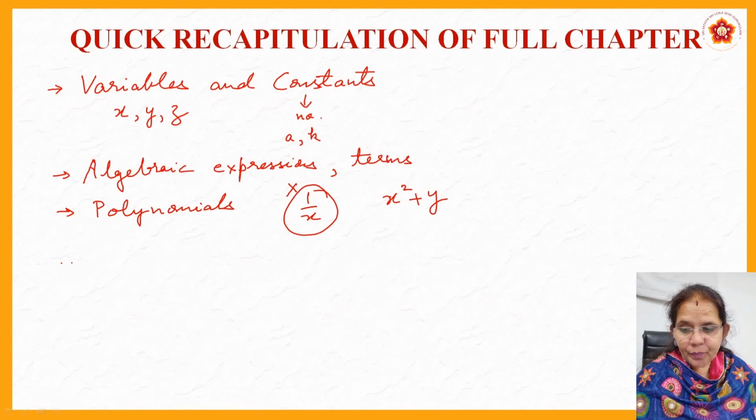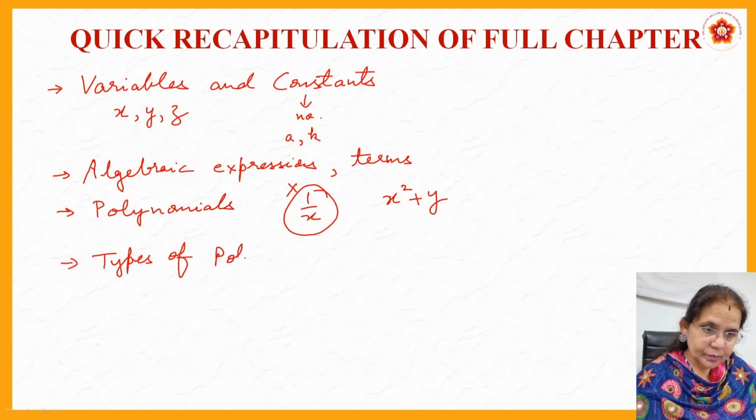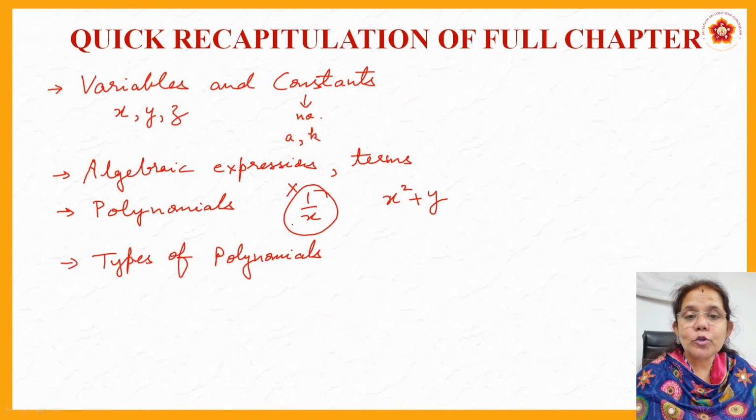Then we did types of polynomials. In this, we talked about monomial, binomial, trinomial based on the number of terms. If one term is there, it is monomial. If two terms are there, binomial. If three terms are there, trinomial, and so on. And we also discussed the types of polynomials on the basis of their degrees.